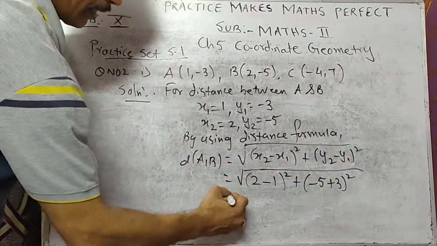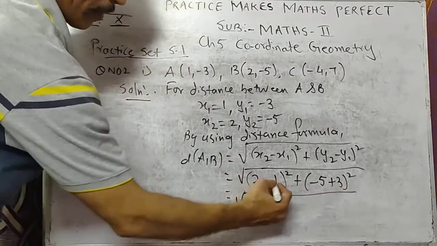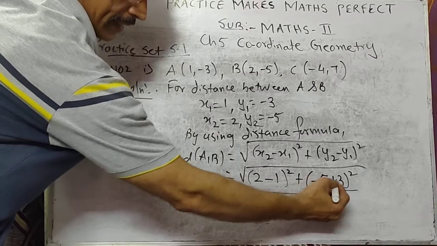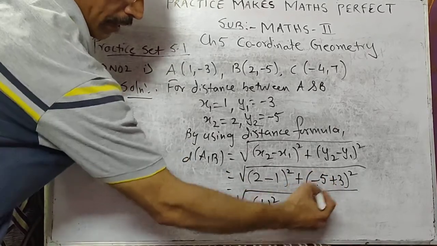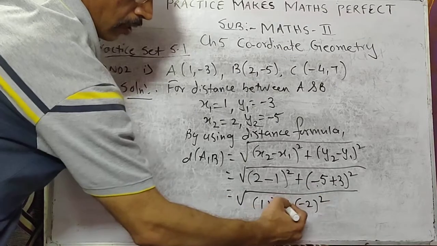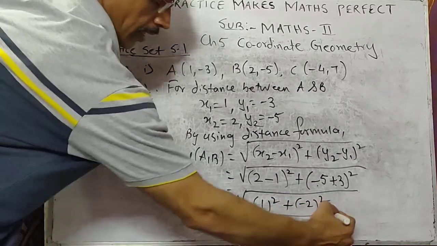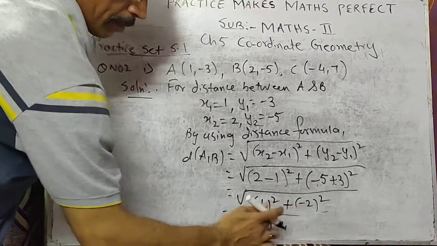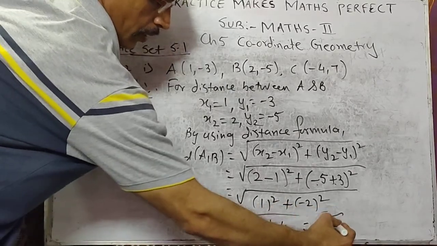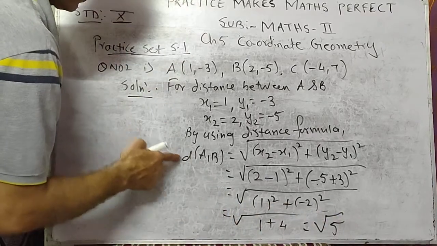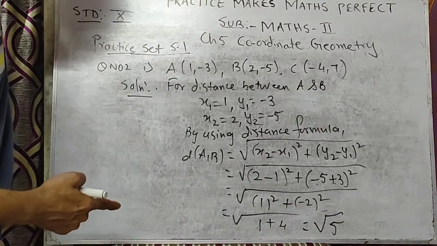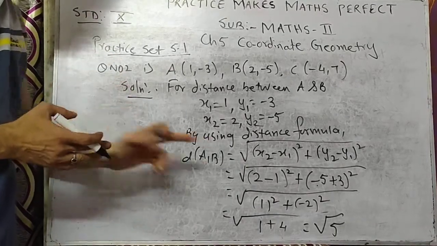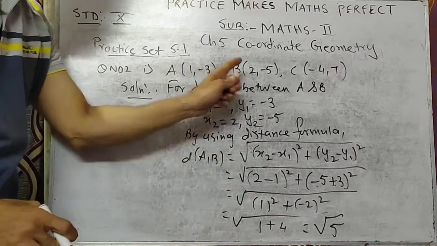So you will get 2 minus 1, 1 square, plus 5 minus 3, which is minus 2, the whole square. So here 1 plus 4, this will be root 5. So distance A comma B is root 5.